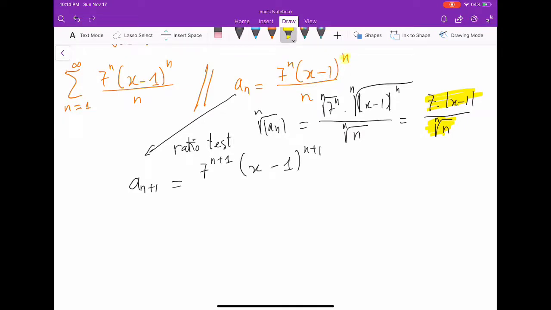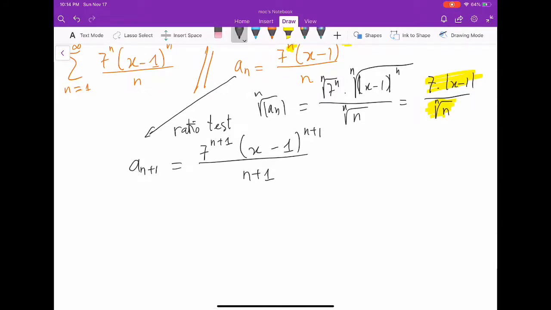That comes from the definition, okay? So instead of n, you just plug in n plus 1. So in the denominator, I have n plus 1.